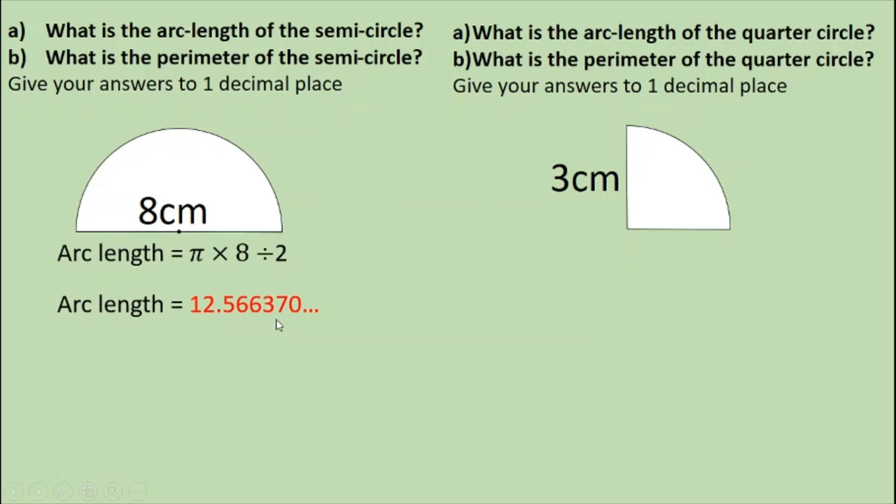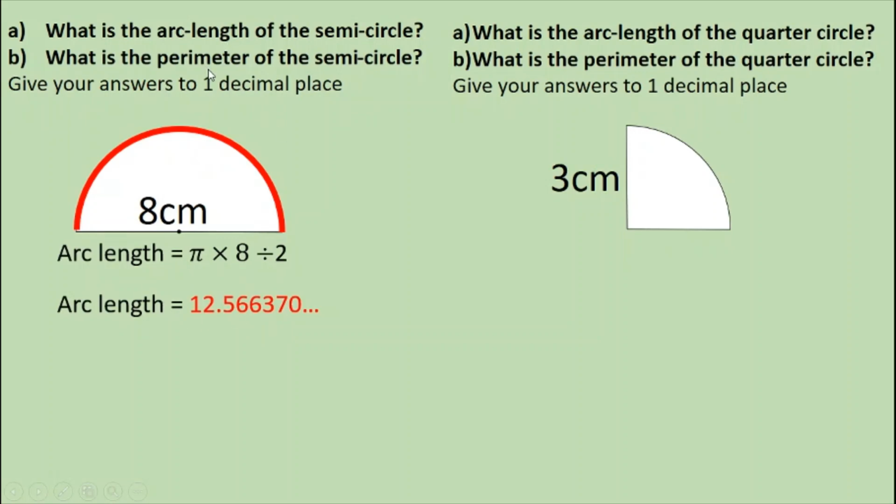That is my arc length. It's this curved bit here. That's why it's called an arc length, because it's the length of an arc. So if you have part of a circle, it wants to know the arc length. What you need to do is do your normal pi times diameter, but then divide by 2 to get the semicircle. However, that's only our arc length.